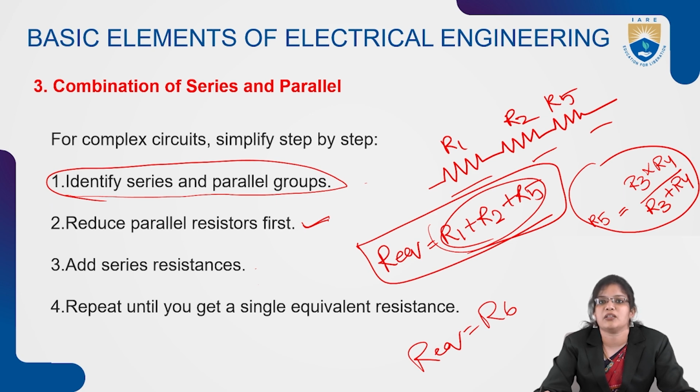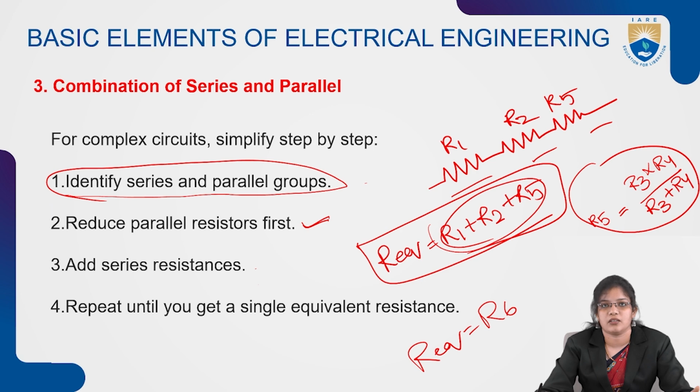Kirchhoff current law states that the sum of currents entering a junction should be equal to the sum of currents leaving the junction. In the same way, to calculate the voltages, we use Kirchhoff voltage law, which works on the principle of conservation of energy, which states that the sum of the potential differences across each resistance or each element will be equal to 0.